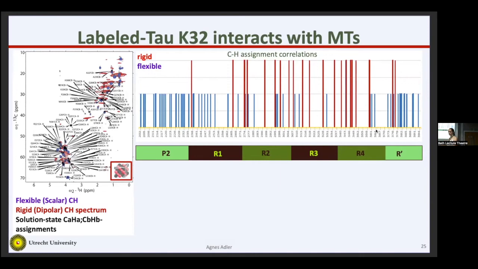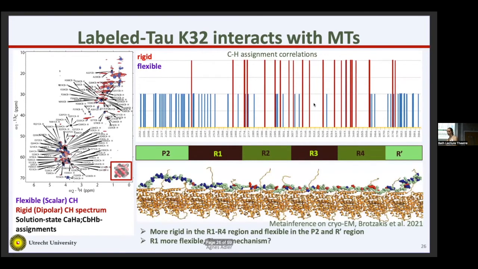That gave us the following pattern, where we basically see that the flanking regions P2 and R prime are more flexible, while R prime already shows some rigidity. And the repeat regions show more rigidity, while R1 is still more flexible than the other ones.